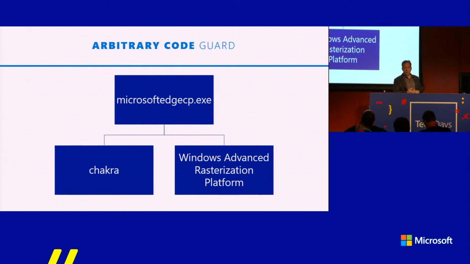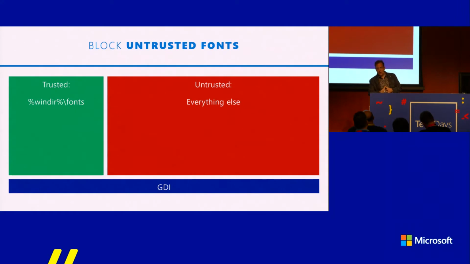Similarly, the advanced rasterization platform, which lets you do some of the 3D things, had to be moved out of the Edge browser itself and into a separate process that didn't have arbitrary code guard enabled. So if you have some features that require arbitrary code, you may have to refactor the application in order to get that working. But if you don't have any, it's a very effective protection to stop an adversary from generating their own things.